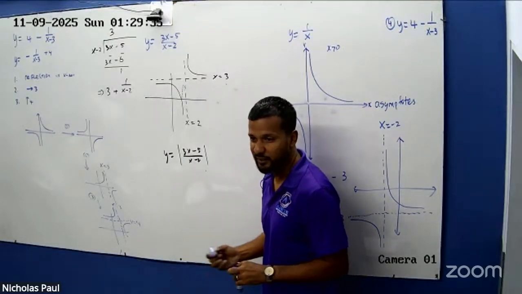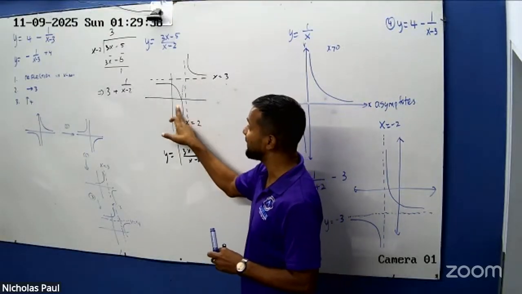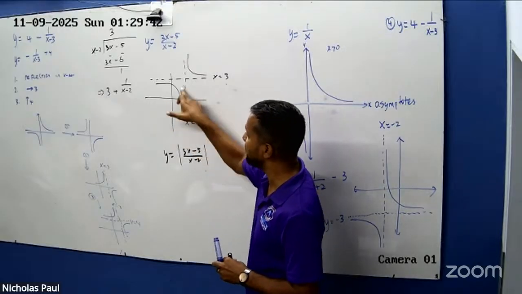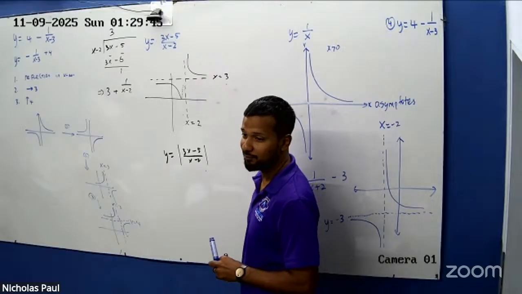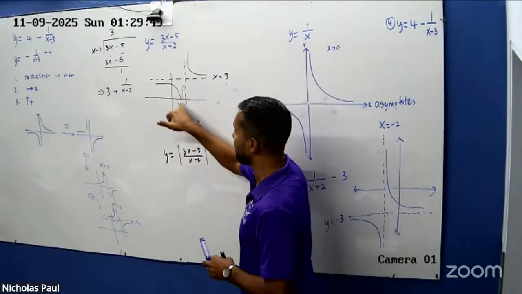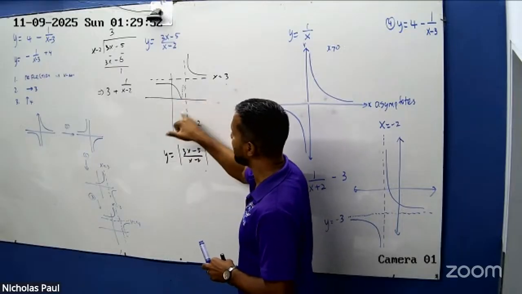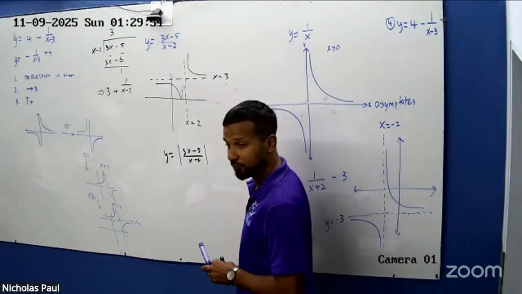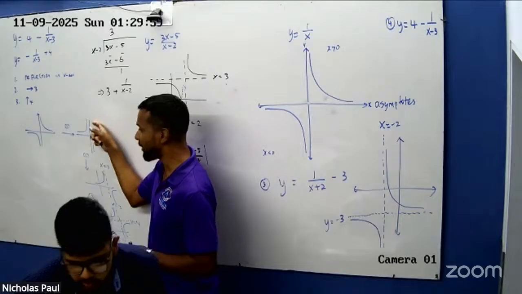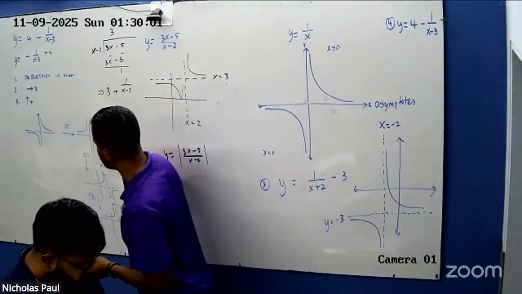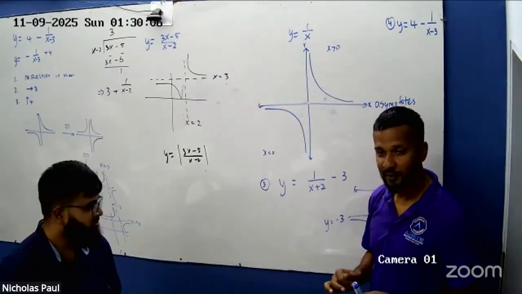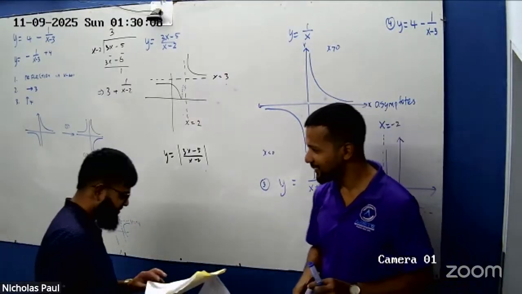Only the part that's below the x-axis is reflected up there. Kind of lame, but that's what I wanted to show you. For example here, the modulus will be to reflect this up here, so it will look like this. Are you okay with that? Yes, sir.